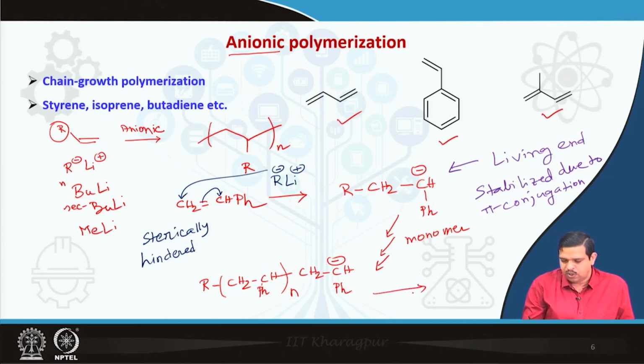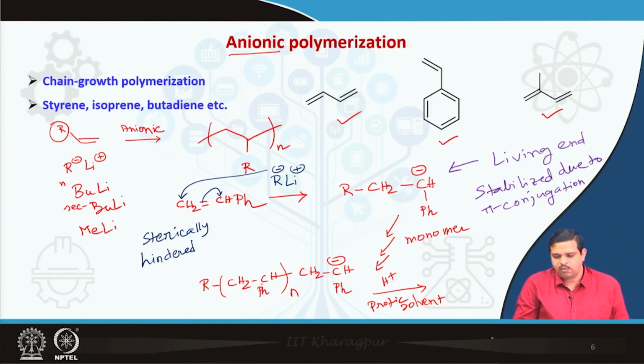So, we use a protic solvent or H plus, any protic solvent, for example water or methanol, and then you get the neutral polymer by abstracting the H plus. So, you will see that this polymerization is living. Why is it living? Because this end is active. It does not stop or undergo any other termination, unlike what you have seen for the radical polymerization.